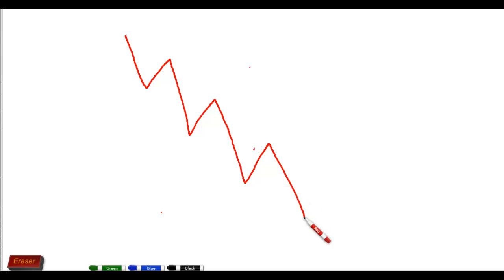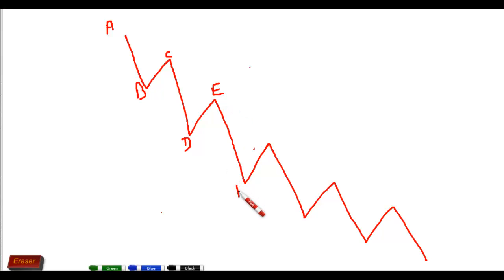Okay, so a downtrend is a series of lower highs and lower lows. This is the definition of a downtrend. So A, B, the market retraces to C, goes back down to D, retraces to E, goes down to F, and so on and so forth.